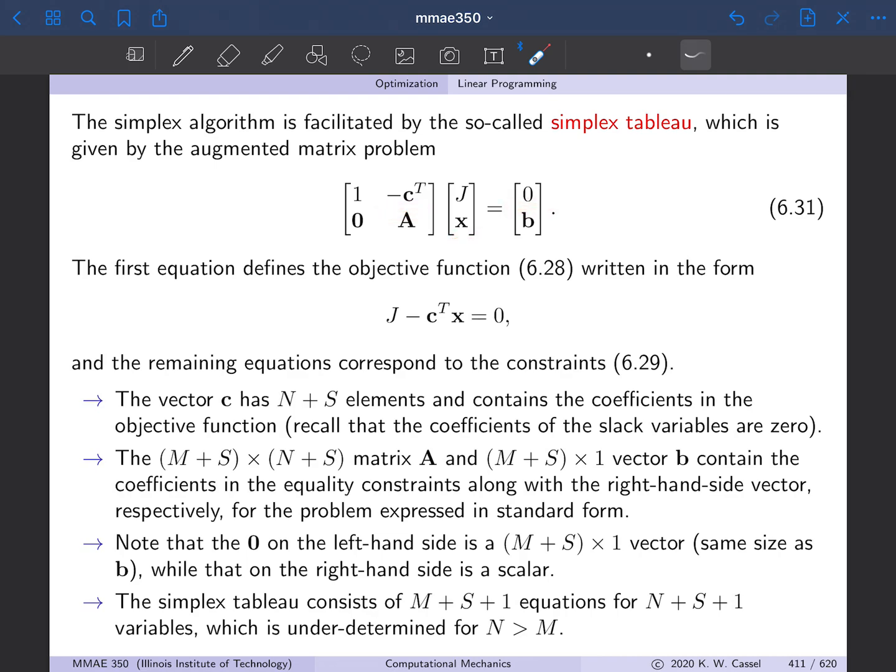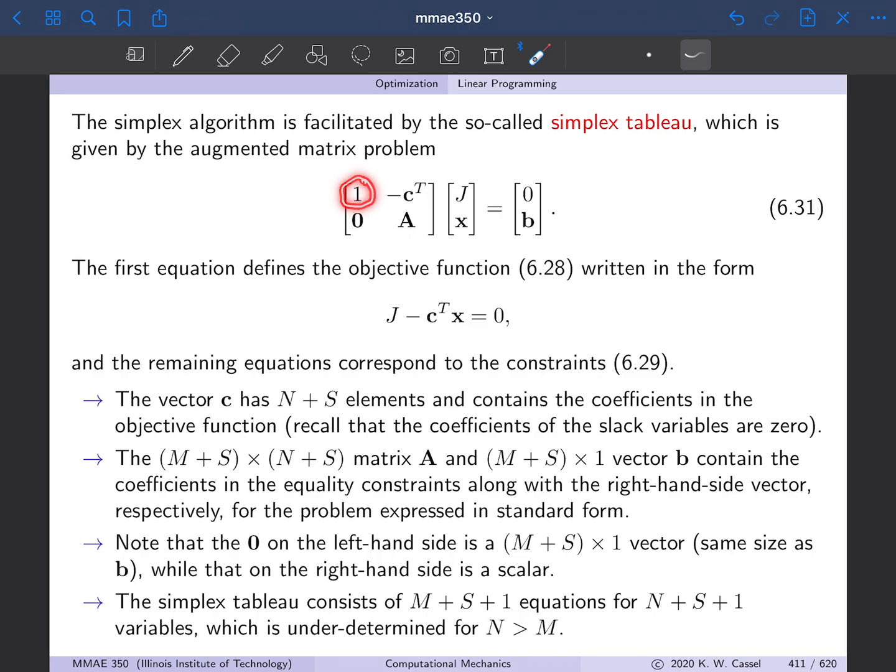So that is, of course, the objective function. So the simplex tableau includes the objective function in the first row, and the subsequent rows take care of the constraints. But they put them all together into one matrix problem.